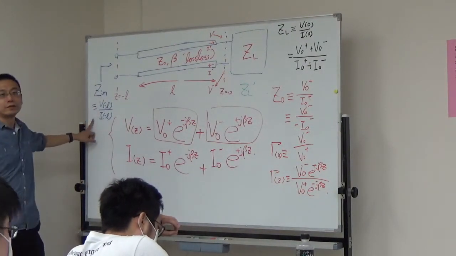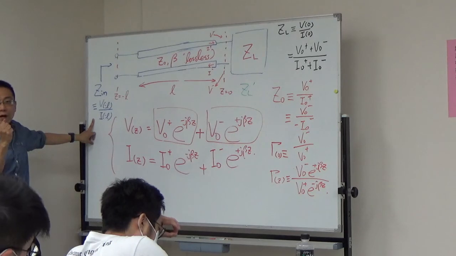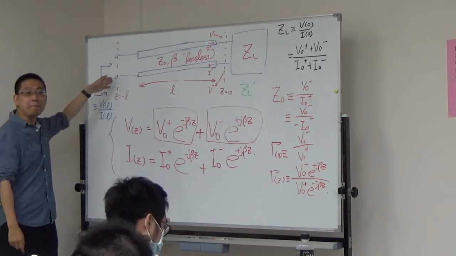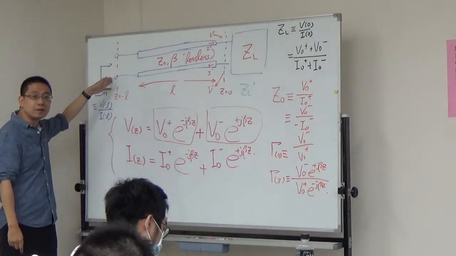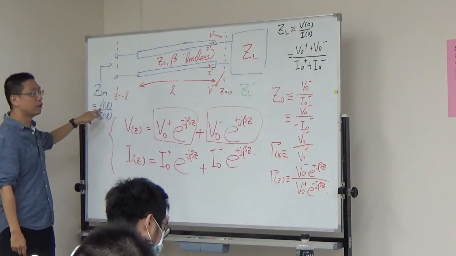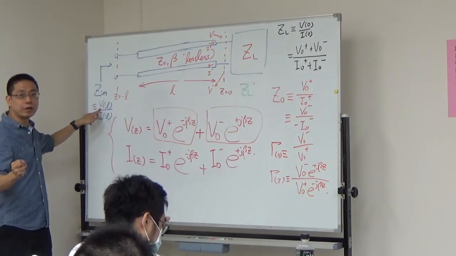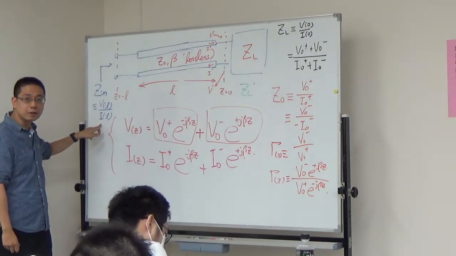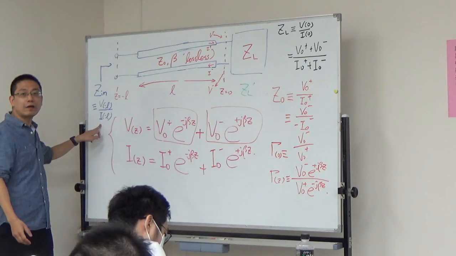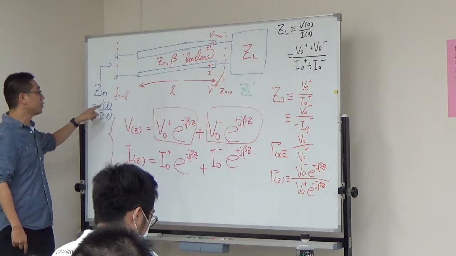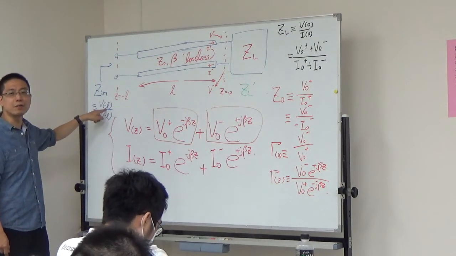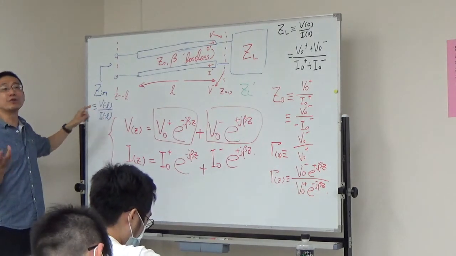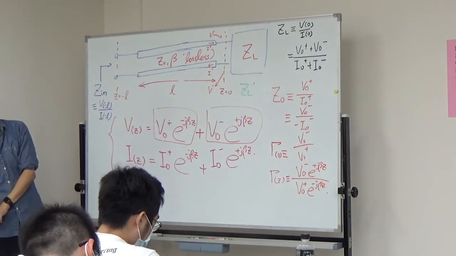So, we want to obtain your input impedance Z in, which equals the total voltage over the total current. And when he tried to write it down, you feel like, oh, minus L is weird, right? Because we usually use positive signs.